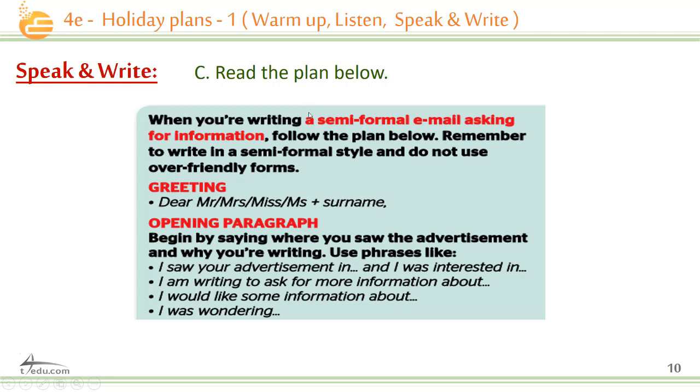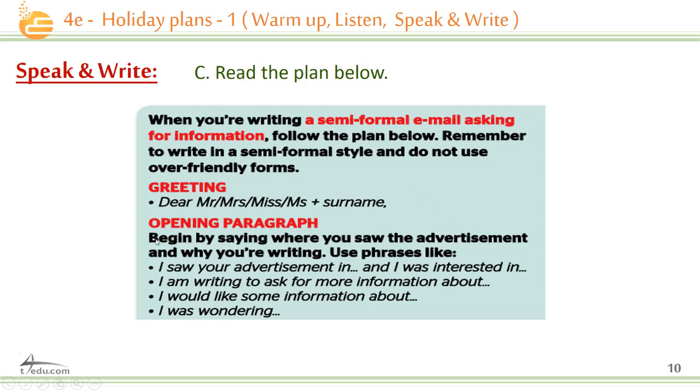Now, when you're writing a semi-formal email asking for information, you have to follow the plan. Remember to write in a semi-formal style and do not use over-friendly forms. The greetings, we have dear Mr., Mrs., or Miss plus the surname. Okay, dear Mr. You don't say dear Mr. Khalid, you say dear Mr. Al-Hassan, his surname.